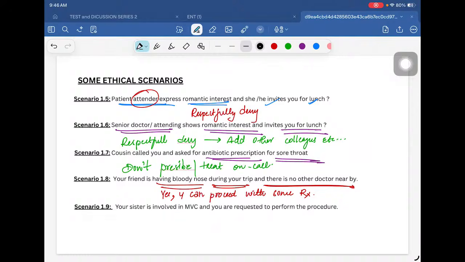Your sister is involved in a motor vehicle collision and you're requested to perform the procedure. Basically, your sister is asking you to perform the procedure. What will you do? You are in the same hospital where your sister is admitted.